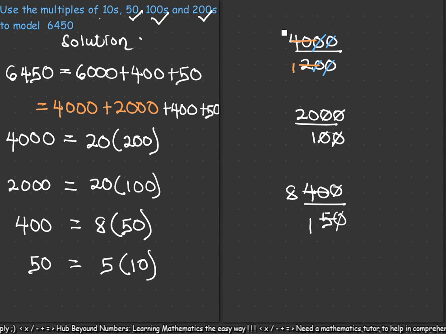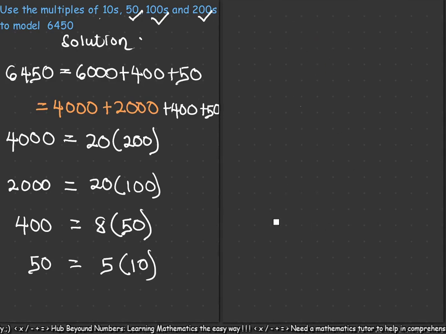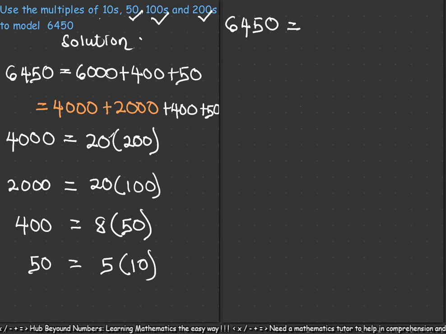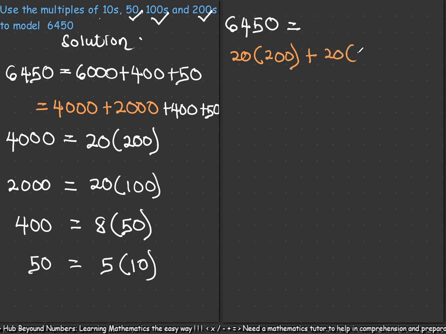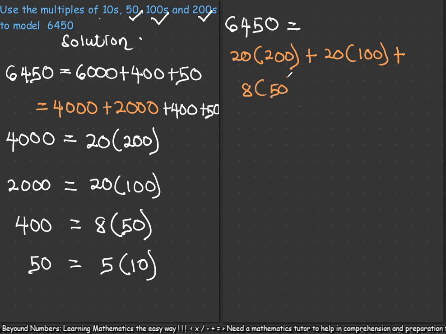So if you are done with all of this, then you can now say that the model we have gotten of 6,450 is 20 of 200 plus 20 of 100 plus 8 of 50 and then finally 5 of 10.